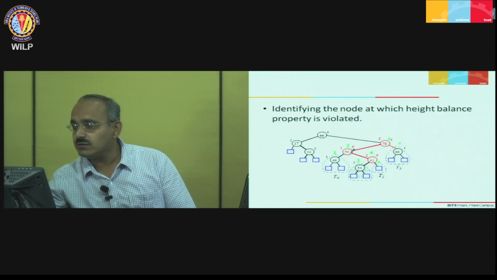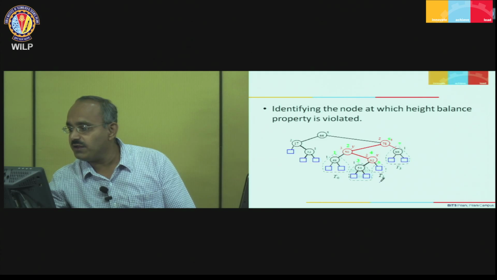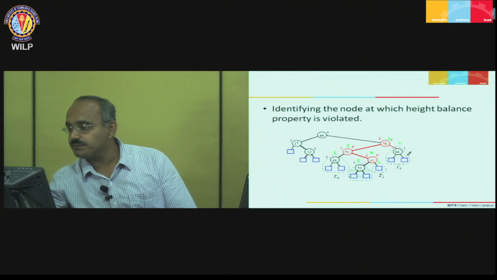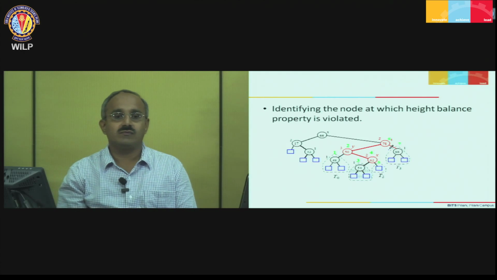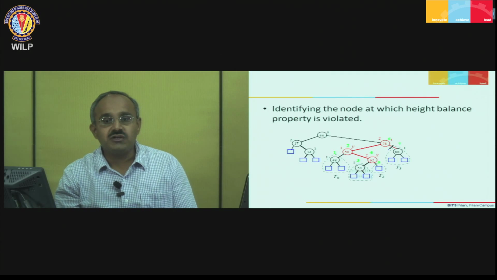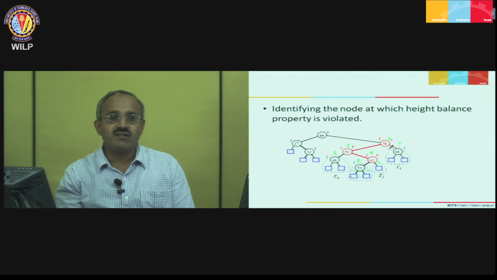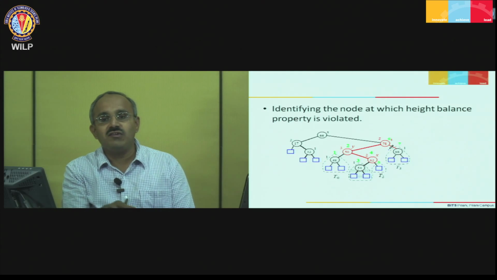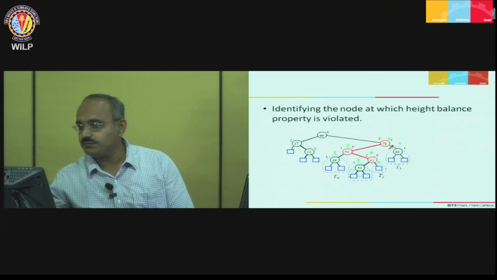The tree rooted at Y is called T0. The trees which are rooted at X are called T1 and T2, and the tree which is rooted at Z is called T3. So, our tri-node restructuring will involve X, Y, Z and the trees T0, T1, T2 and T3.